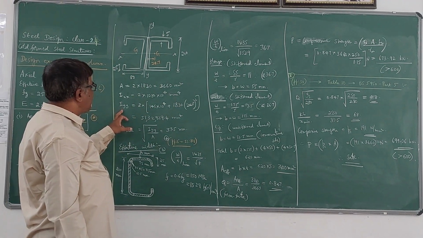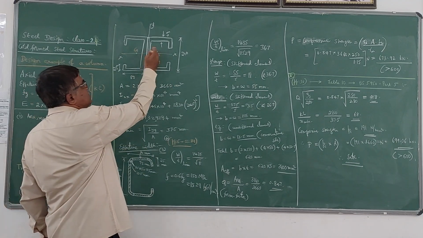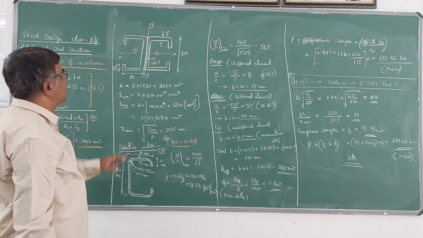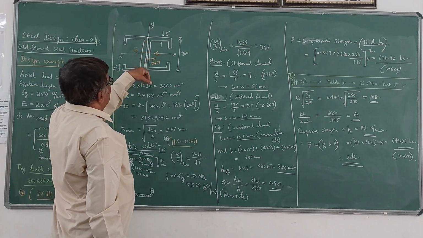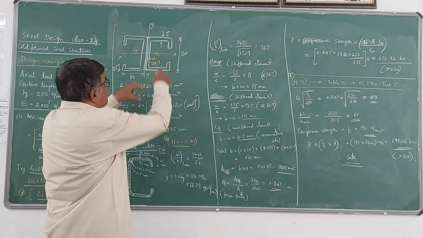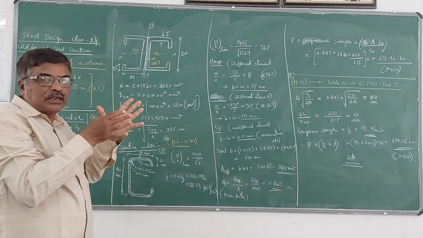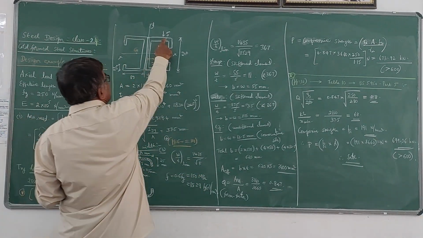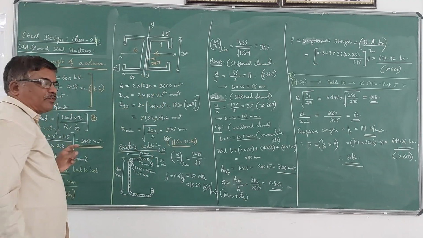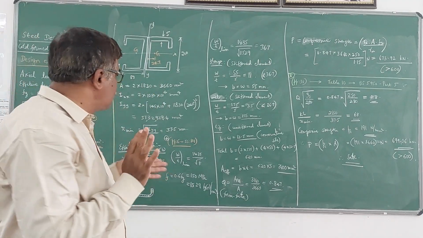And Iyy, since the centroid is shifted here, if you take one C section or channel section, it is symmetrical about only this x-axis, it is not symmetrical about y-axis. If you take double channel, then it will be symmetrical about both the axes.